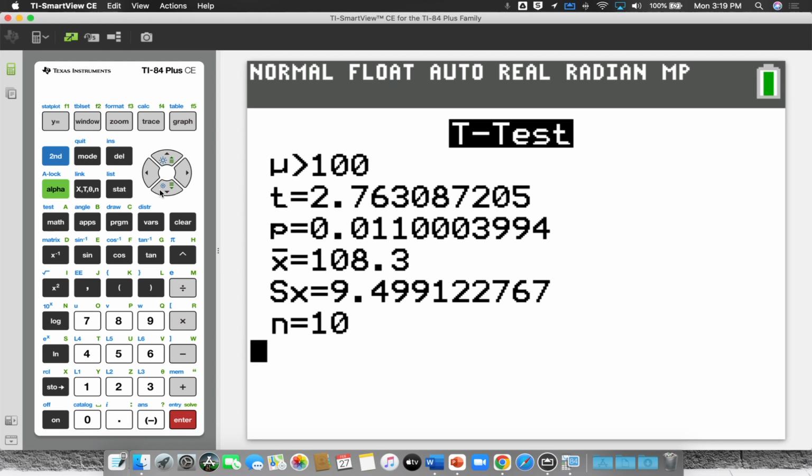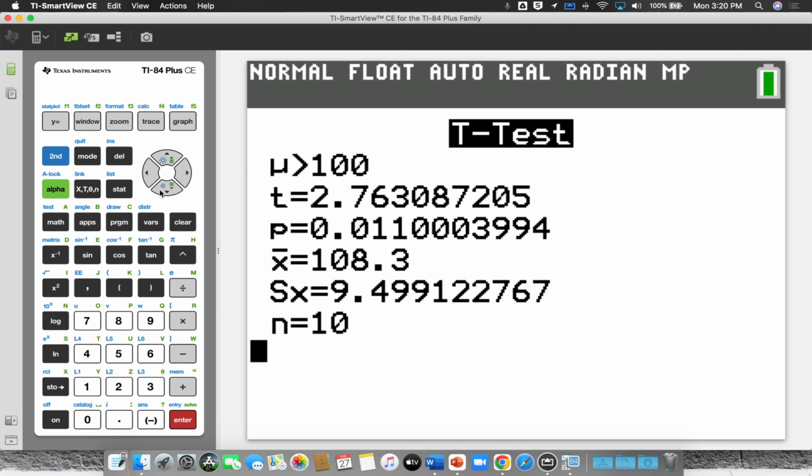If you're going to use the table, remember degrees of freedom like we did last chapter. Actually, the table's a little different. So let's say we're using the table, because sometimes they make you use the table. Let me show you the table since we have a little bit of time here.